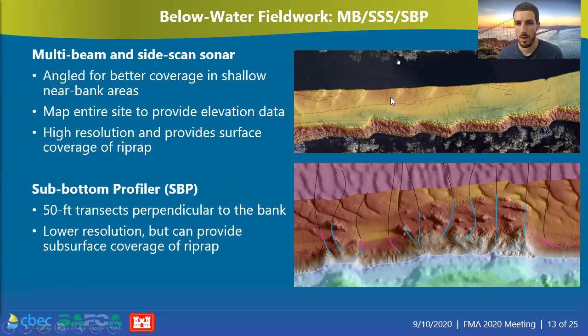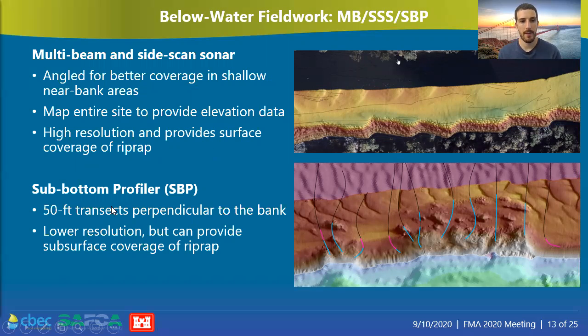In addition, with the multi-beam, if the resolution is high enough, such as in this top image, you can really just look at the textures and the standard deviation of the nearby points to see how the roughness is showing the riprap along the bank and then the sands in the channel bed. So combined, this gives us our surface coverage plus elevation and slope data.